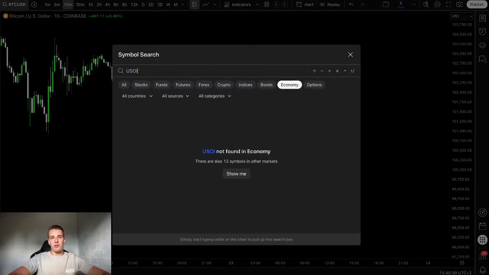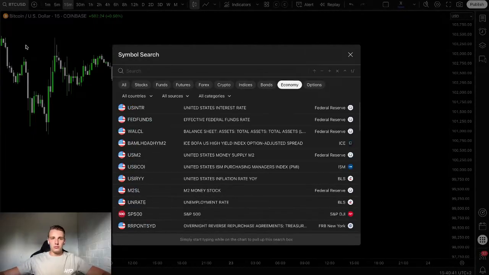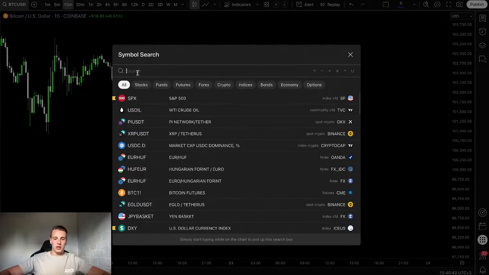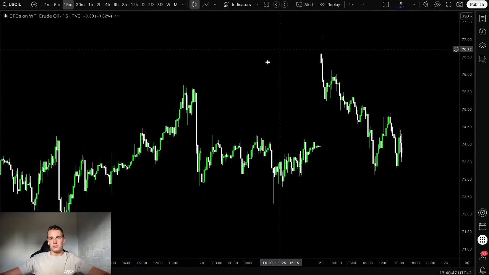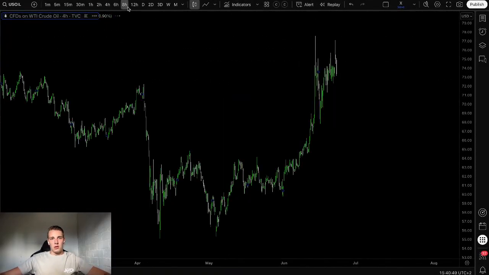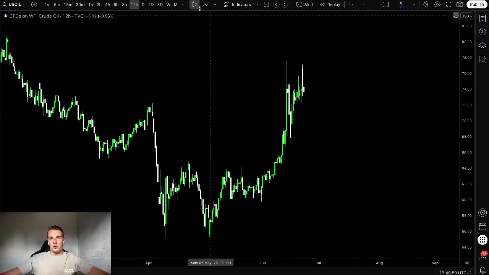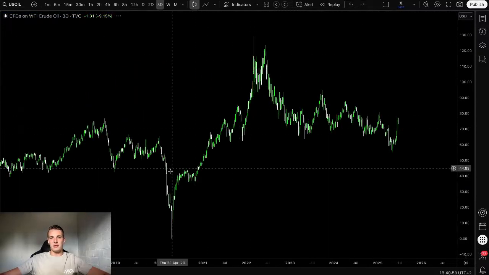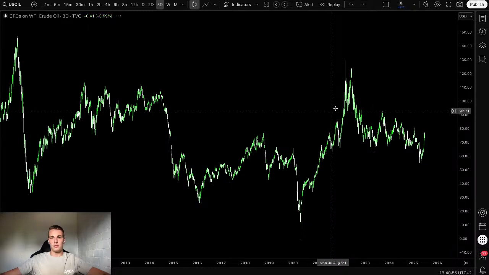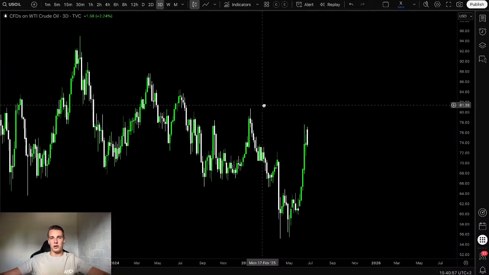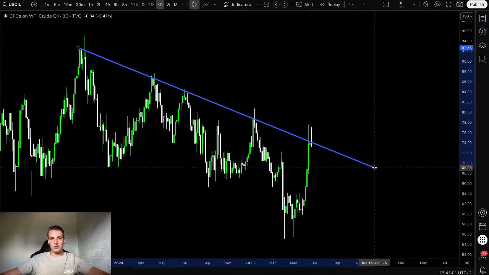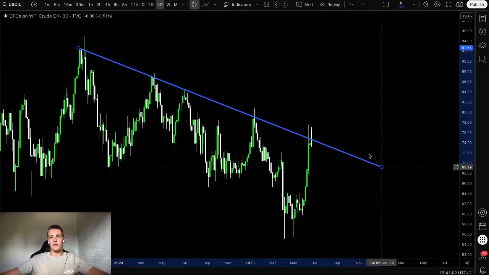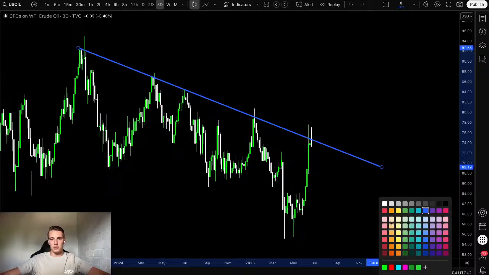Something I really want to keep my eye on is US oil as well. Of course, we saw a massive flow of oil here, but for now we see oil tensions got heated up with Iran.